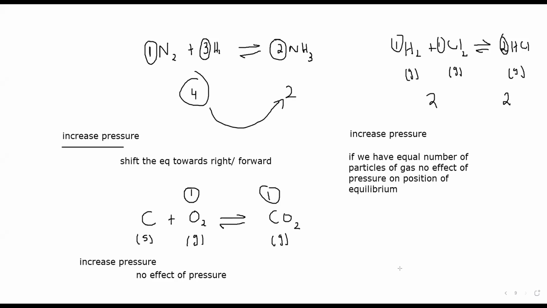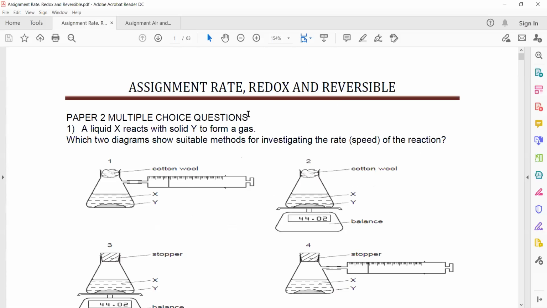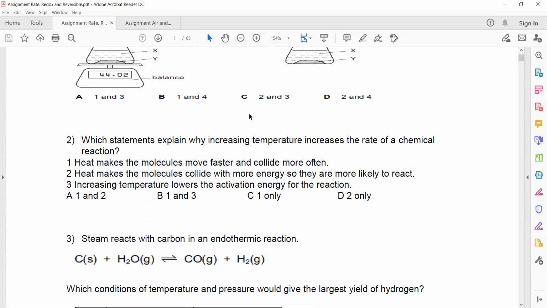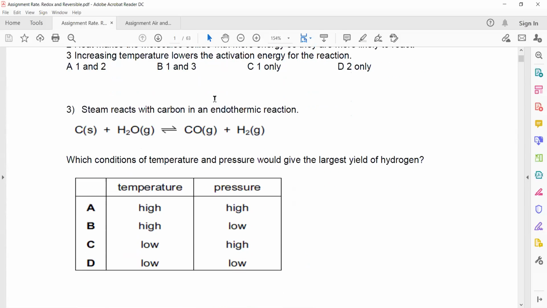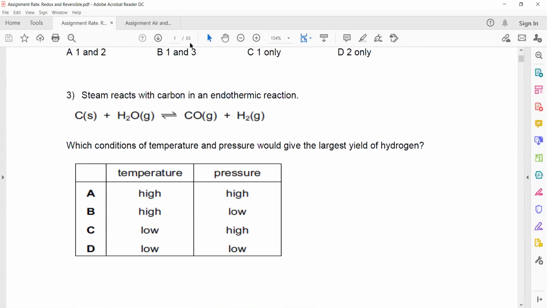How the position of equilibrium is affected. Okay, in this question, steam reacts with carbon in an endothermic reaction.